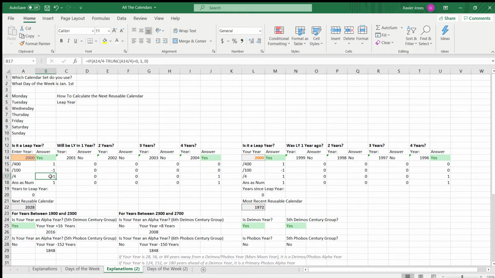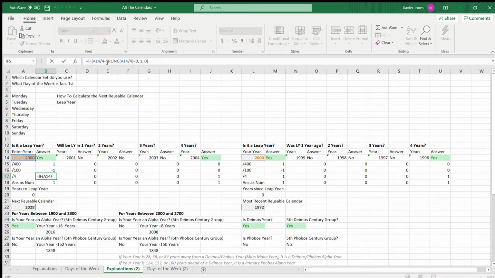Now, to start off, we have to simply find out if it's divisible by 4. To find out if a number is divisible by 4, we simply have to take our value, our year, which is our A14 cell right here. This is A14, so anytime you see A14, it's referencing that cell. We simply take that year and divide it by 4, and we subtract the truncated version of that number divided by 4.